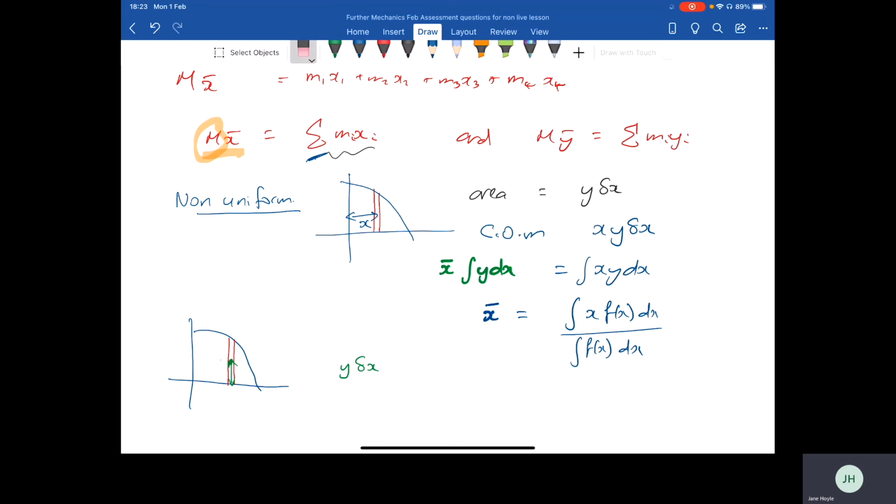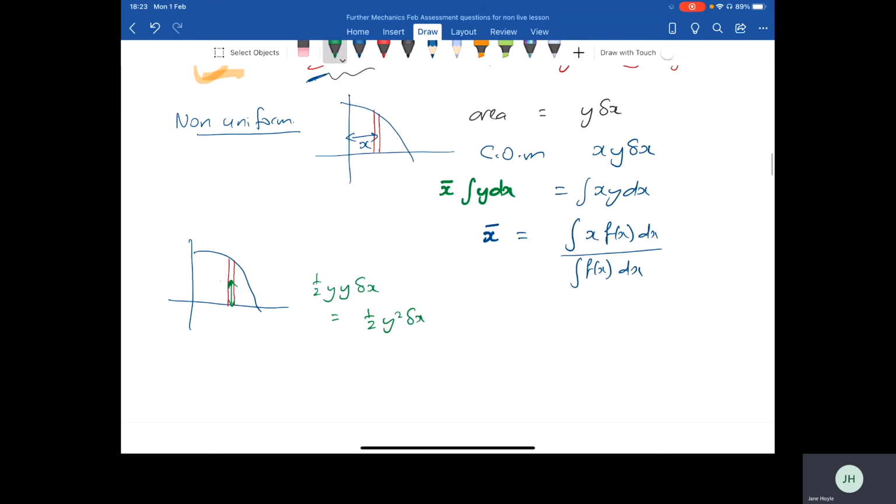The distance of that strip to the x-axis would be a half y. So the expression is a half y squared delta x. I take the sum of that. The sum of that then, of course, is where the integral comes in, half y squared dx.